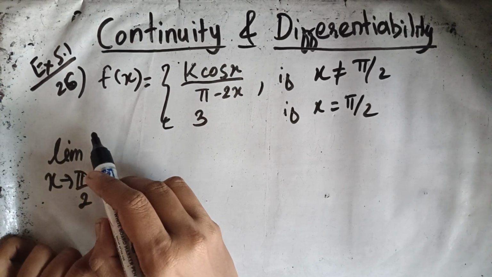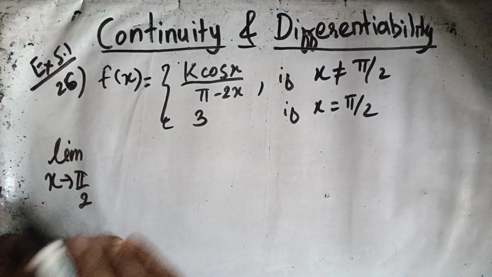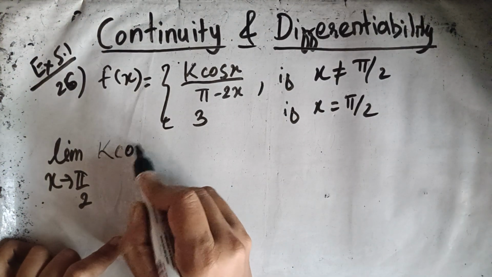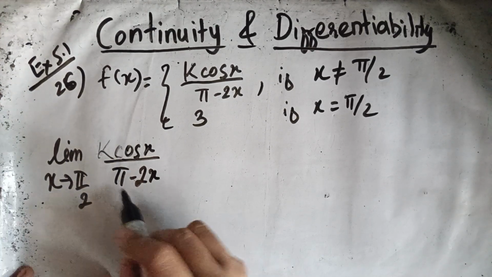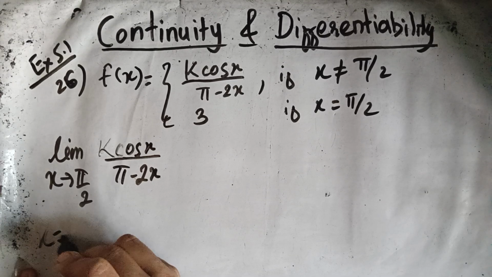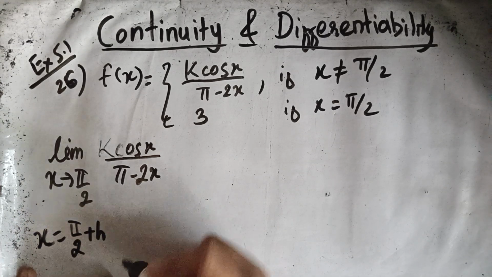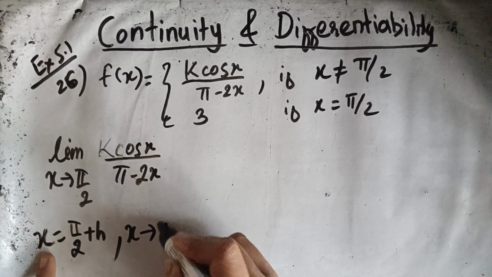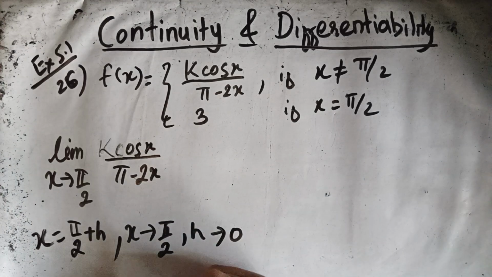So we have to convert this limit so that the limit tends to 0. If I take x equal to pi by 2 plus h, when x tends to pi by 2, h tends to 0.